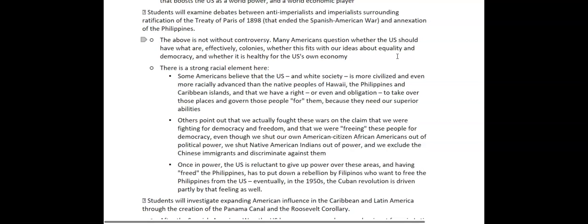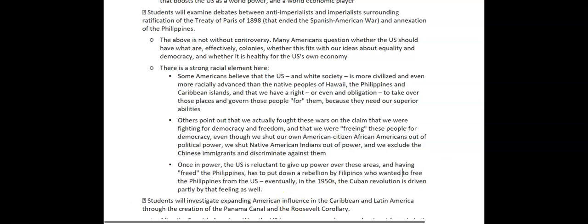Having freed the Philippines, we had to put down a rebellion by Filipinos who wanted to free the Philippines from the U.S. And eventually, in the 1950s, the Cuban Revolution, takes that long, in part is about separating from all that American power.